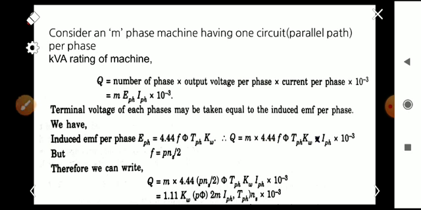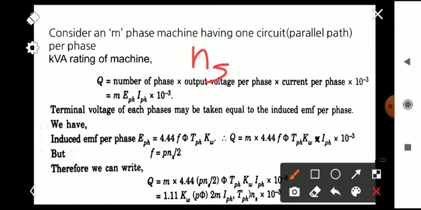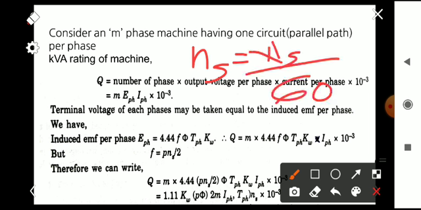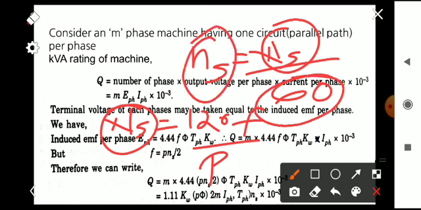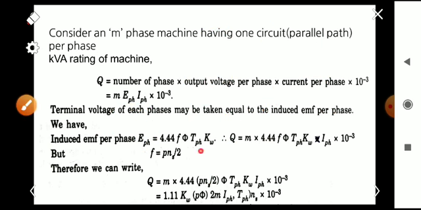Always the small ns will be equal to capital Ns by 60. So instead of capital Ns in the equation Ns equal to 120 f by P, substitute ns into 60. From that we obtain the equation f is equal to P into ns by 2.